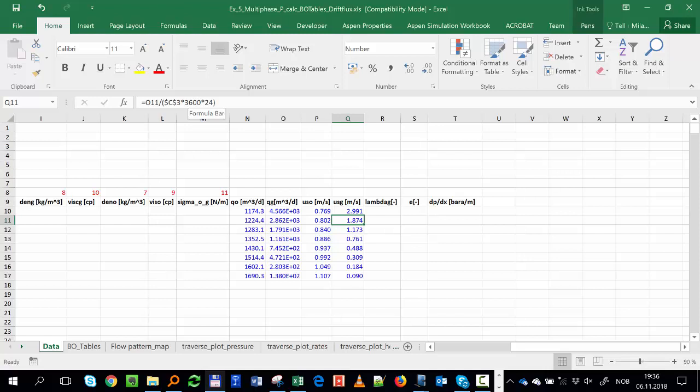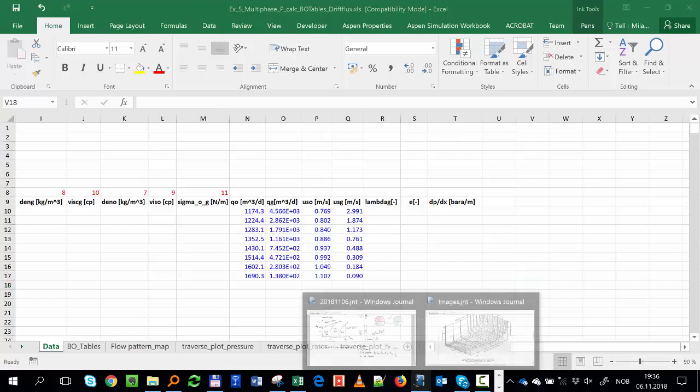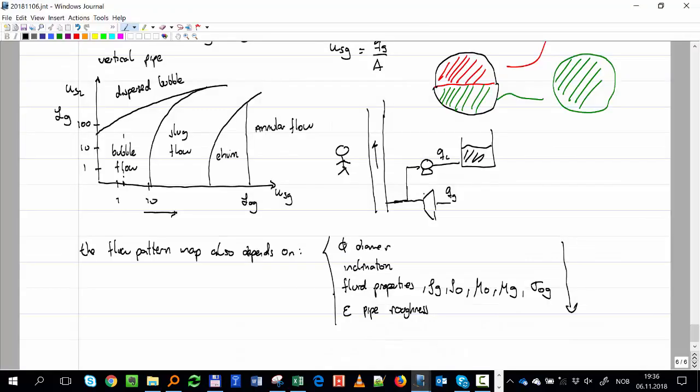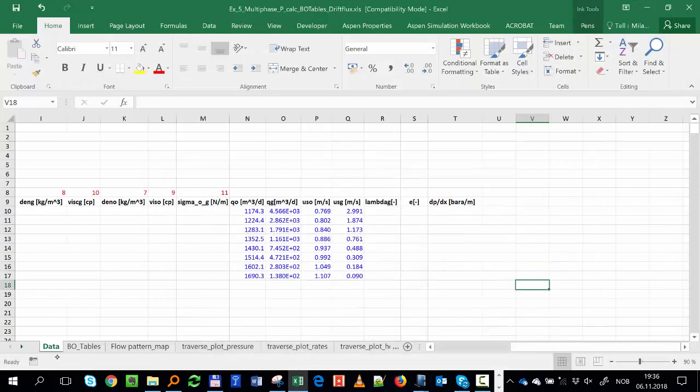Now, if you go towards the end of the sheet, I have this flow pattern map. I have it at the end of the Excel sheet. If you go a bit more to the right, you see flow regime map data, but you should have flow regime, flow pattern map.